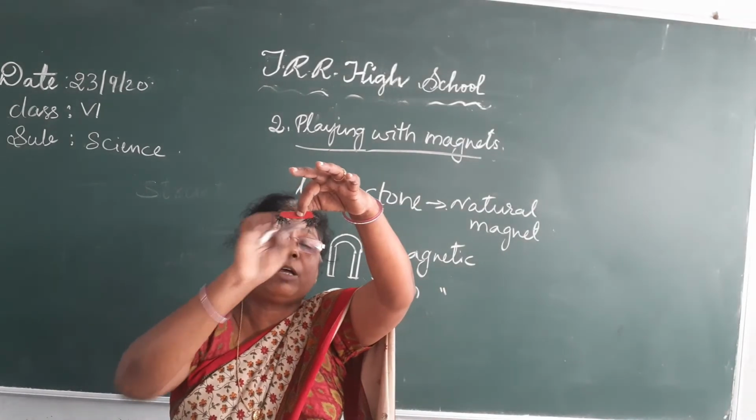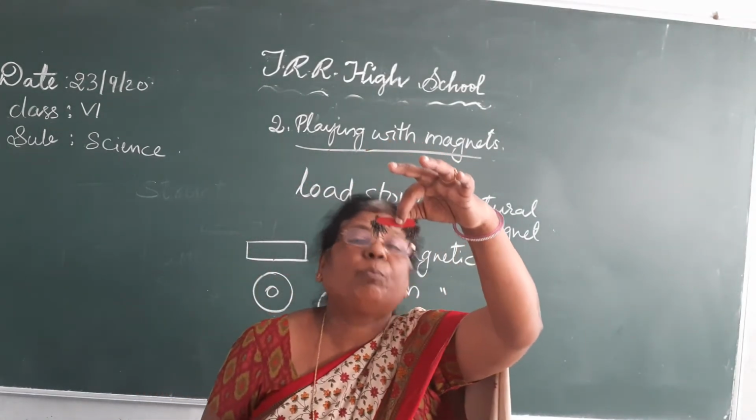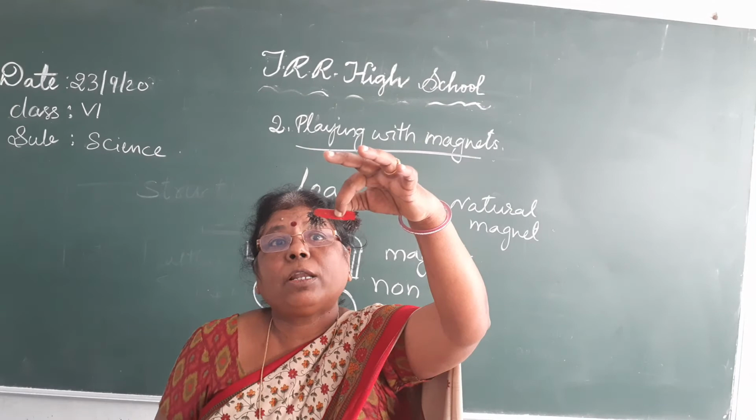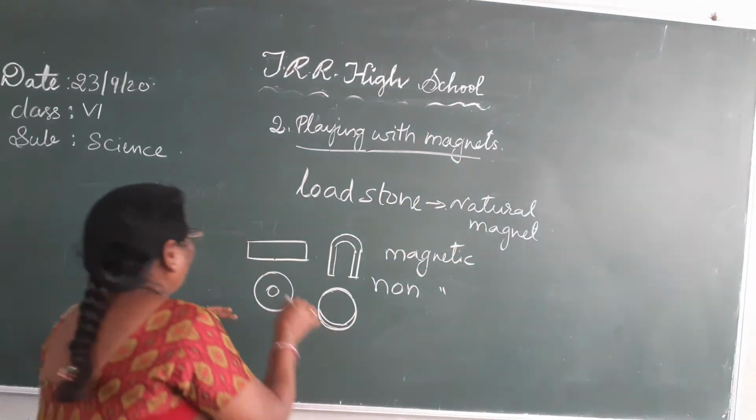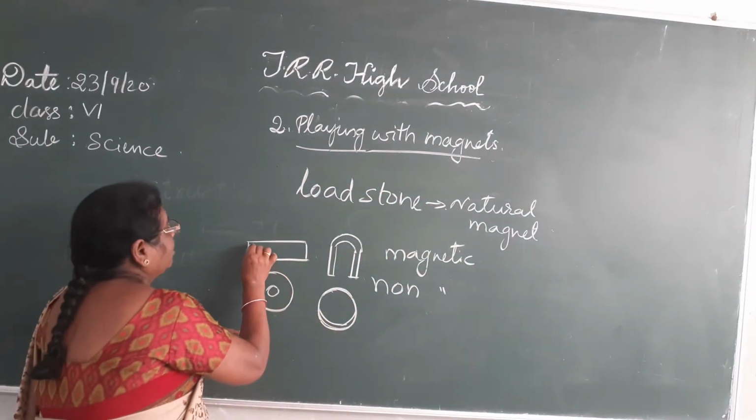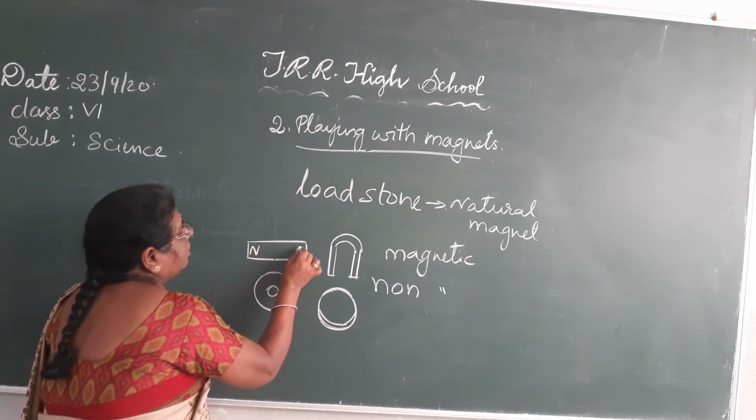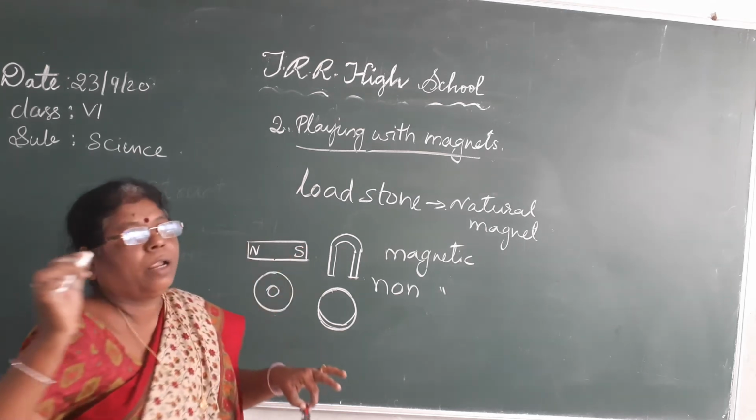So what do you call these ends of the magnet? Poles. These are called poles. Here you will see the North Pole and the South Pole. Understood?